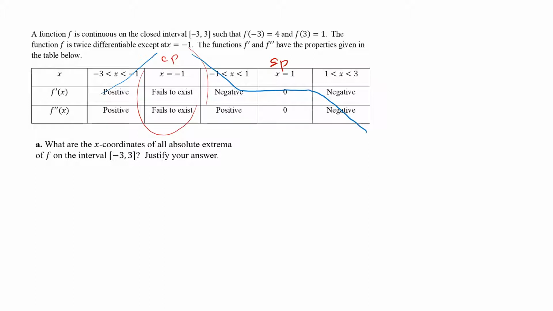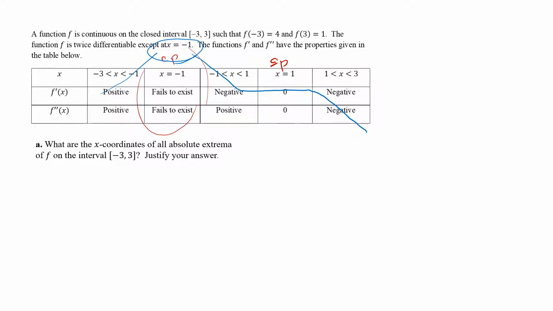Well, absolute extrema. Should make sense that this area would be the absolute maximum, because we're going positive to get to that, and then negative all the way down to the end of the interval. So that would be the highest point in the interval.